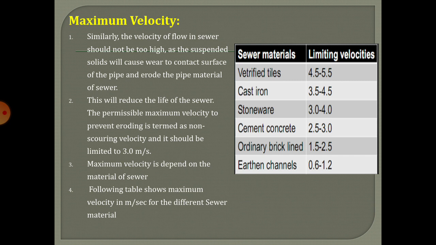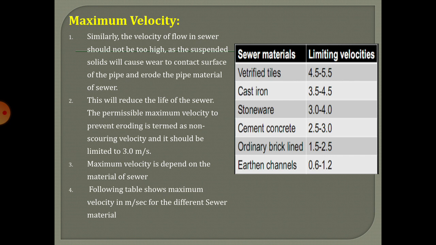For cement concrete, it should be 2.5 to 3. If ordinary brick lining is provided for the sewer, then the maximum velocity should be 1.5 to 2.5. And if earthen channels are used, then the velocity is further reduced and the non-scouring velocity should be between 0.6 to 1.2.